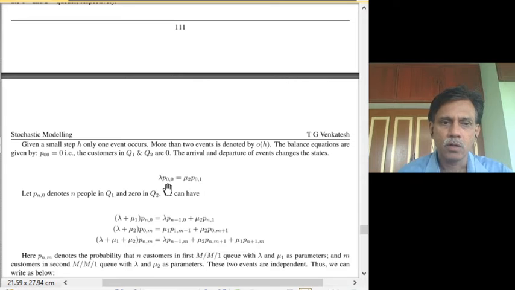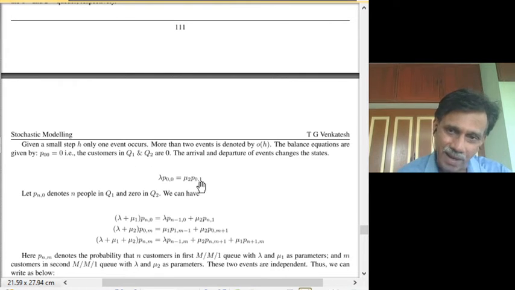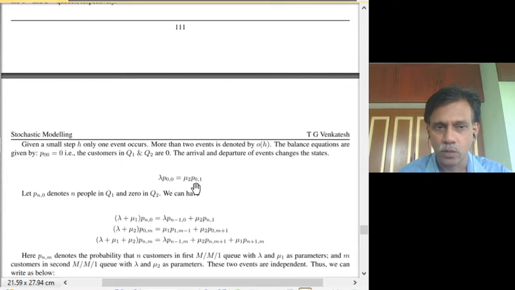And the way we can come back to 00 from 01 is when a customer departs from the second queue. Of course, there are no customers in the first queue, so only a customer in the second queue can depart. That is the only other event that is possible.